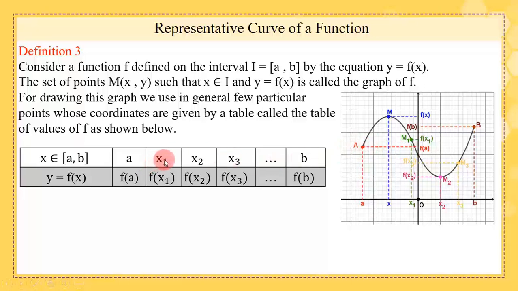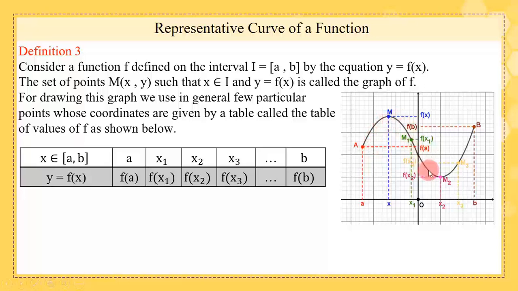Second, we take another point, for example x1. We calculate f of x1. We name it M1 and we locate it again. Then x2, f of x2, we locate M2 and so on. So we get several particular points.